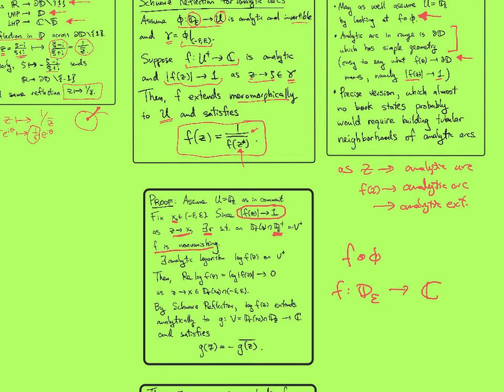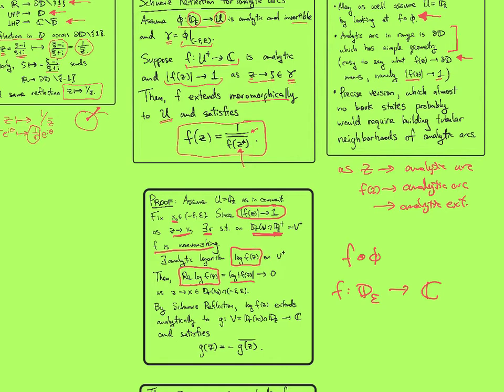Then on this neighborhood, we get an analytic logarithm of f, because it's simply connected, it's just half of a disk. And then the real part of log of f will always be equal to the natural log of the modulus of f. And since f tends to 1 in modulus, the log of that will tend to 0.